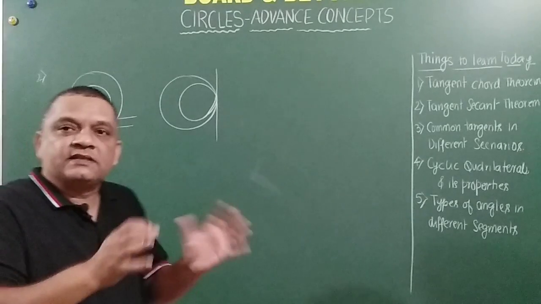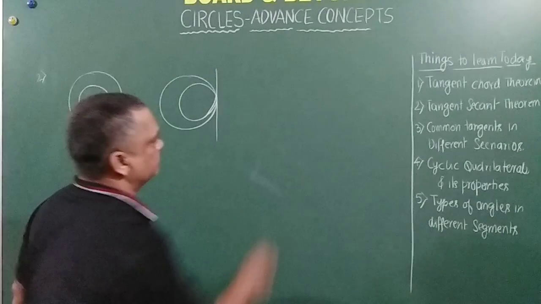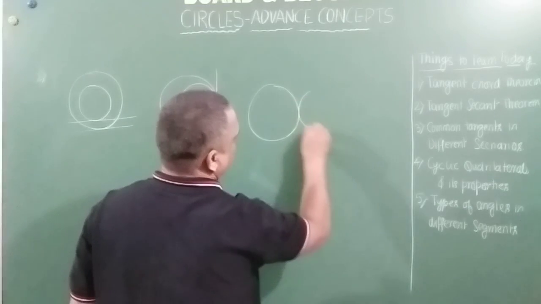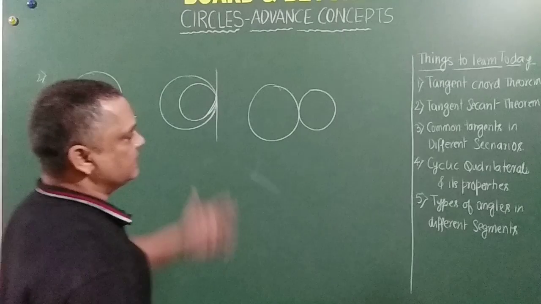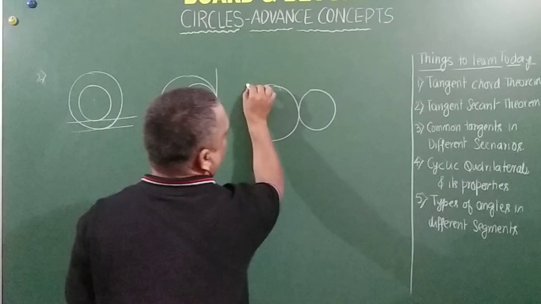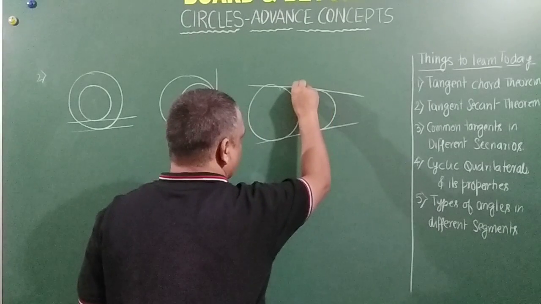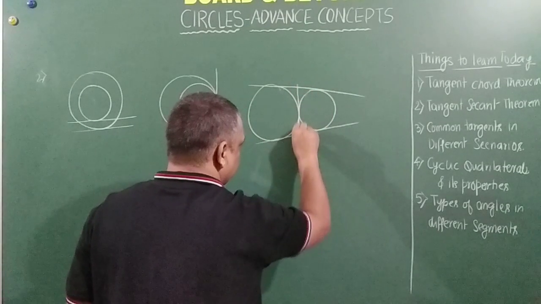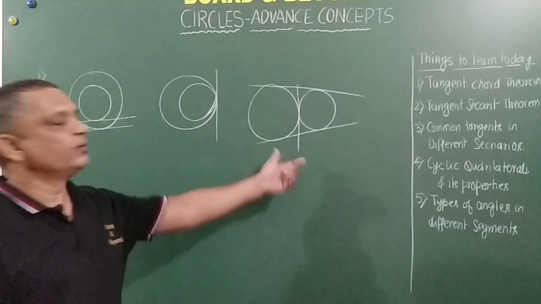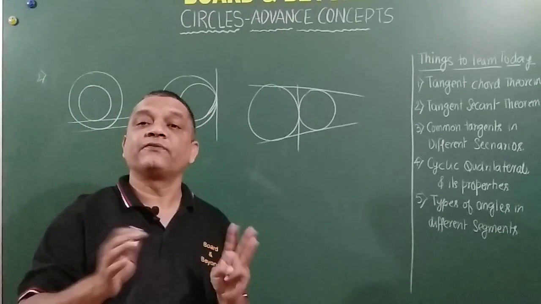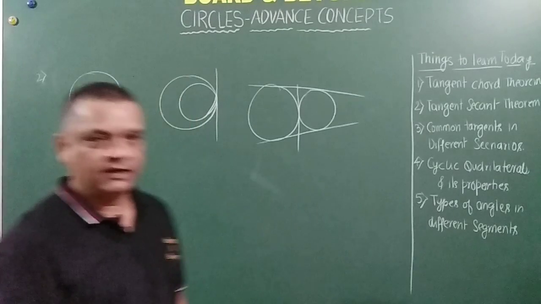Two circles which are touching each other from outside. So one common tangent will be this, friends. One will be this, and there will be one more. Please mind it. Like this. So we are going to have three common tangents when two circles are touching each other from outside, right?